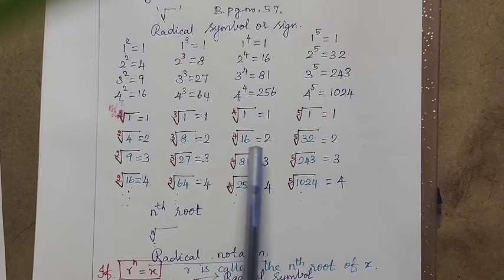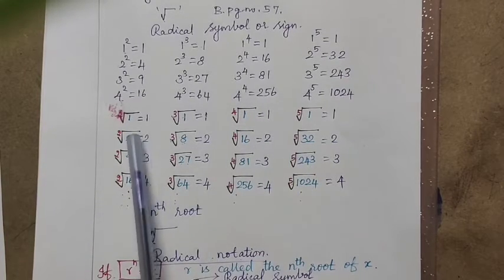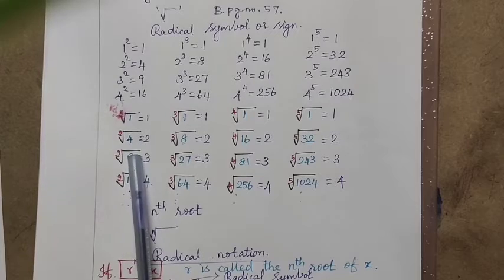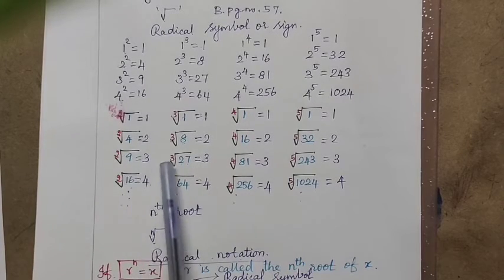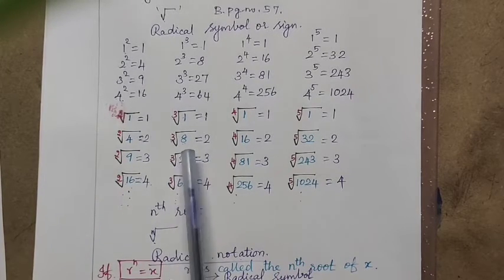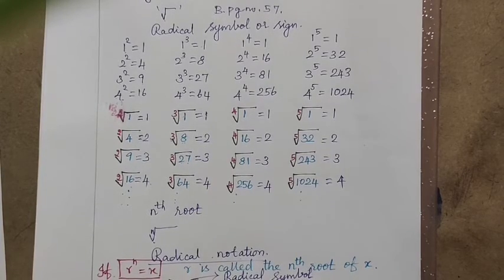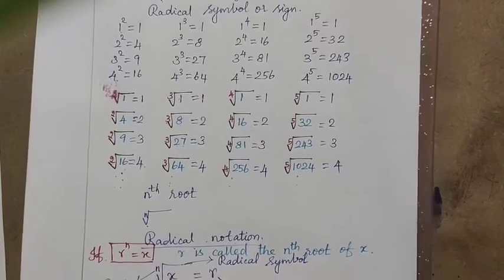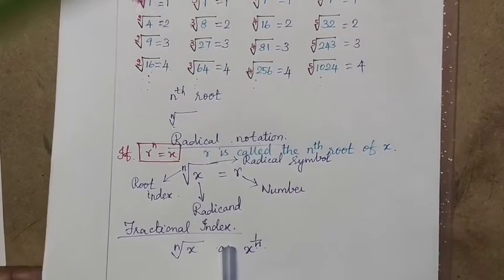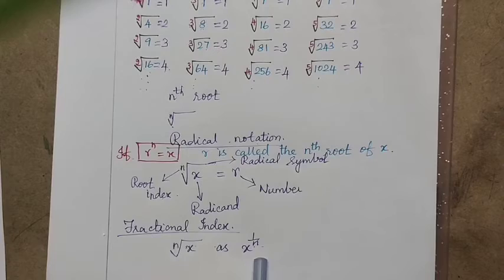This is radical notation form. The second tabular column, radical notation form. If we write with this form, it is called a radical notation form. Third one is fractional index form.